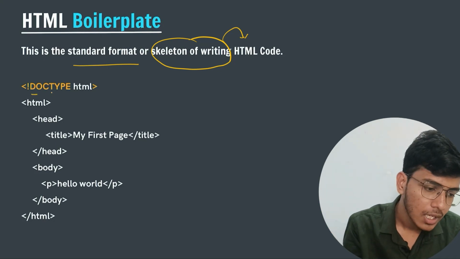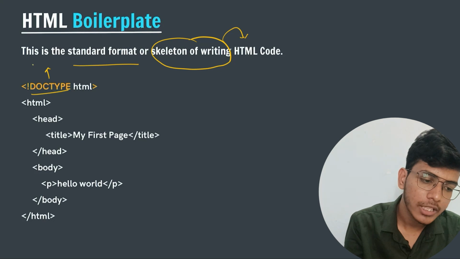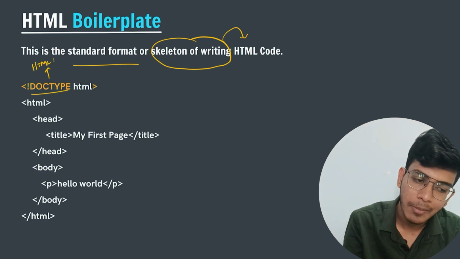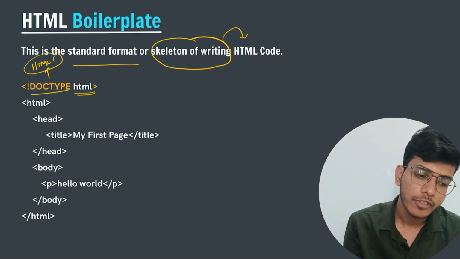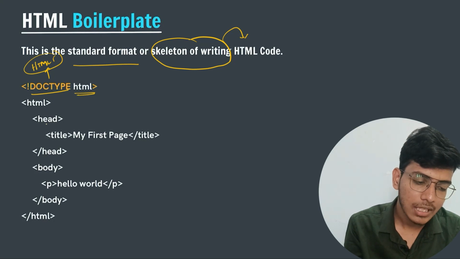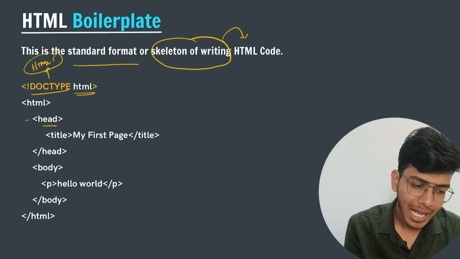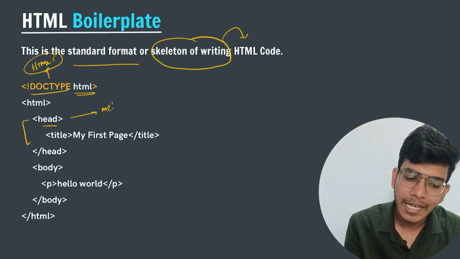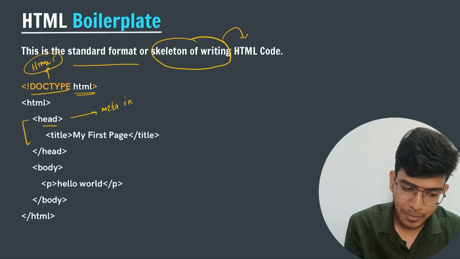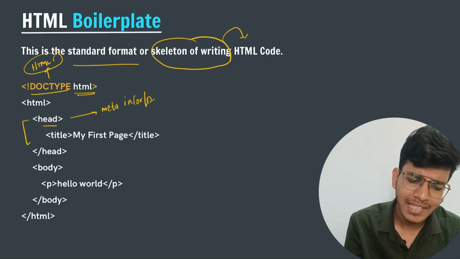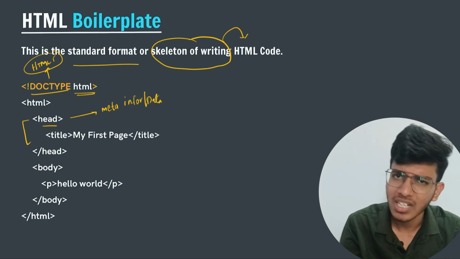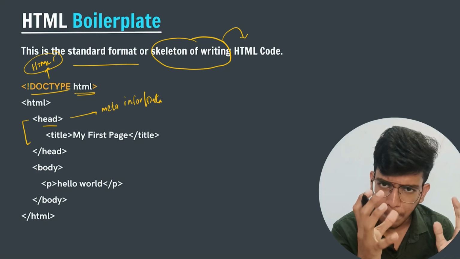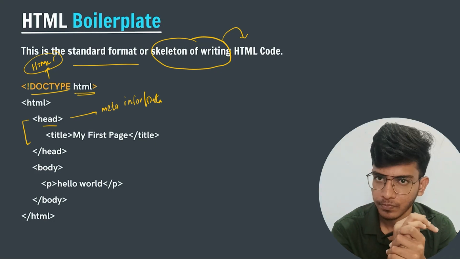First of all, I will write doctype, and this doctype represents that I am using an HTML file, right? After that, in the HTML tag I will have head, and this head represents the meta information, or metadata. What is this website about, whatever page you are seeing, what is it about, right?